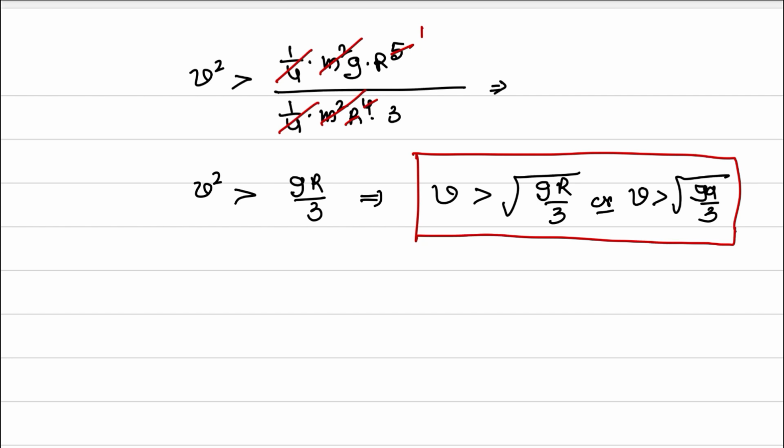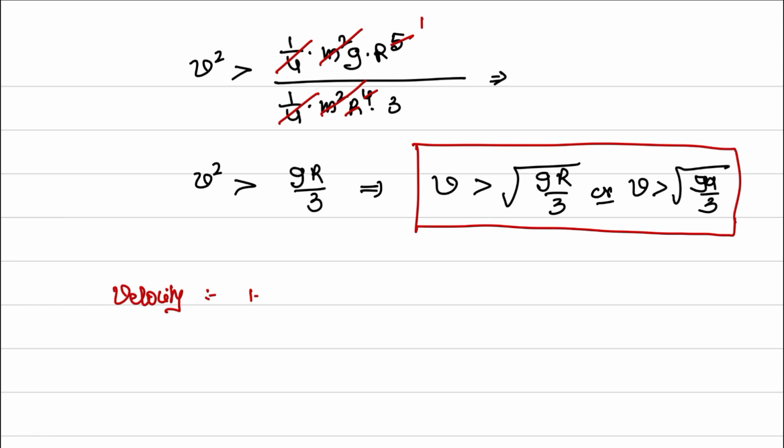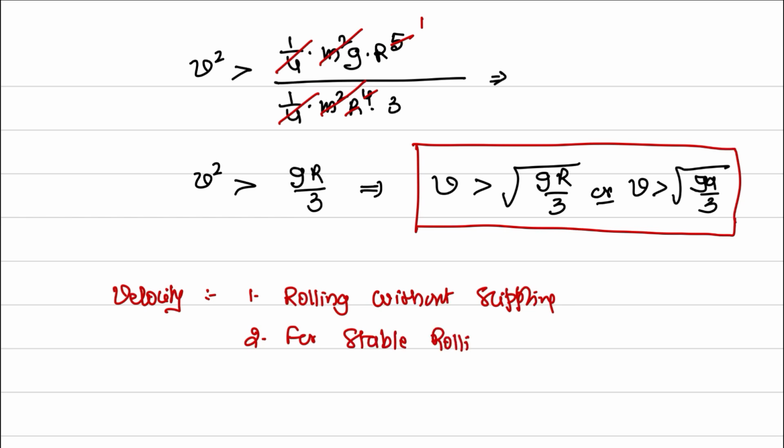But for velocity, we have done minimum or maximum considerations for the first, rolling without slipping, second, for stable rolling, third, for road embankment.